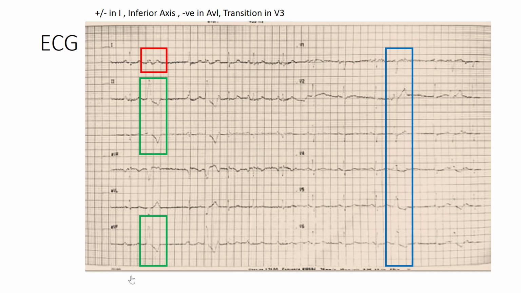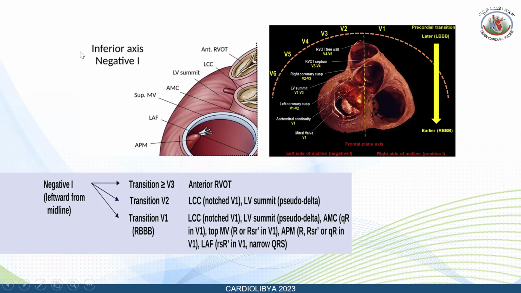This ECG also shows left bundle branch morphology of the PVC with transition at V3, and it has an inferior axis, negative in lead 1 and negative in aVL. So also our differential diagnosis here is anterior RVOT, left coronary cusp, LV summit, aortomitral continuity, superior mitral valve, left anterior fascicle, and anterior papillary muscle.